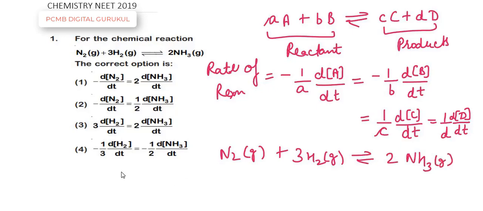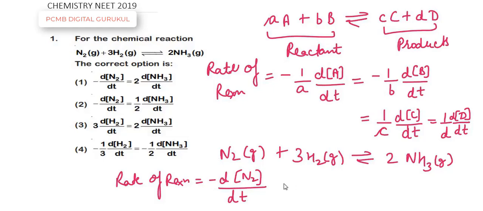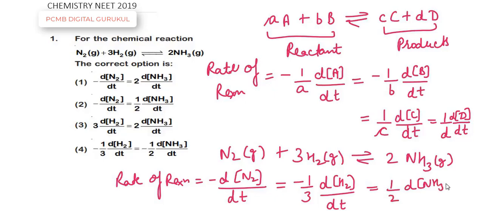So we can write the rate of this reaction as negative of d[N2] by dt, the change in concentration of N2 with respect to change in time, because here the coefficient is 1, so we have to consider minus 1 by 1, equal to minus 1 by 3, as the coefficient is 3 here, d[H2] by dt, the change in concentration of H2 with respect to change in time, equal to, ammonia is the product here, so we have to consider the positive sign in front of it, 1 by 2 d[NH3] by dt, the change in concentration of NH3 with respect to time.